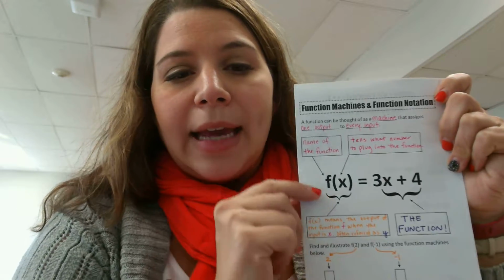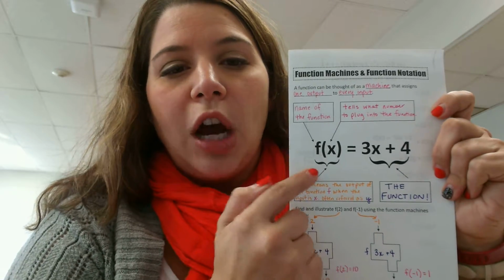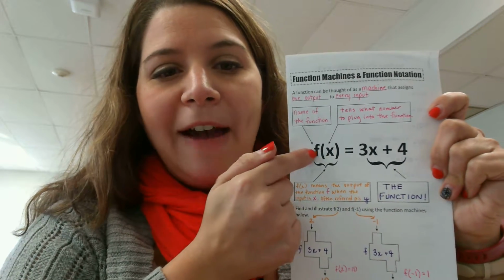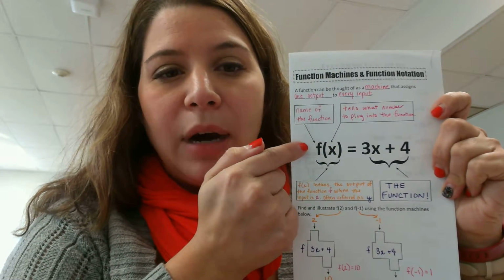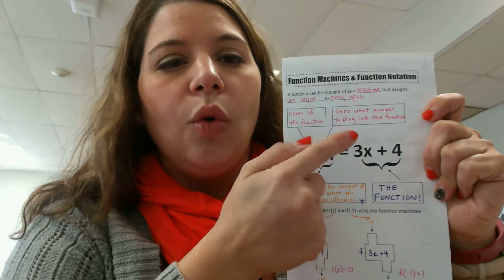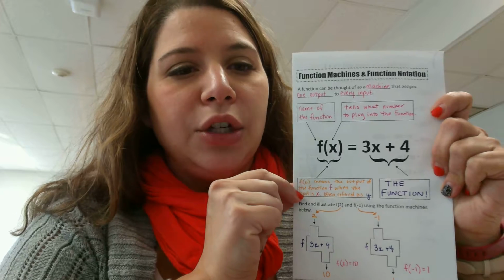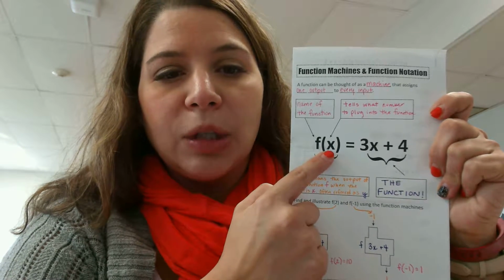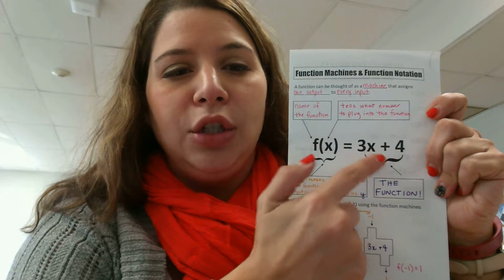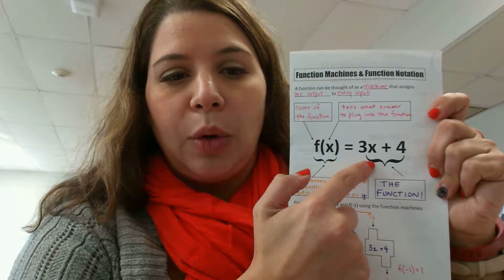So then we start to talk about what this function notation looks like. So f of x is just the name of the function. And the x tells what number to put into the function. So this little spot right here is just a placeholder telling us what we are putting into the machine, okay?